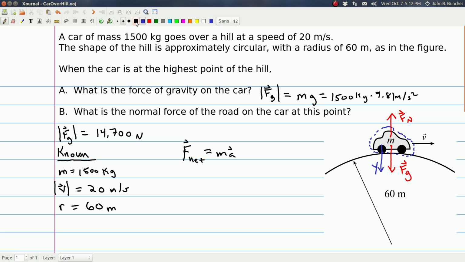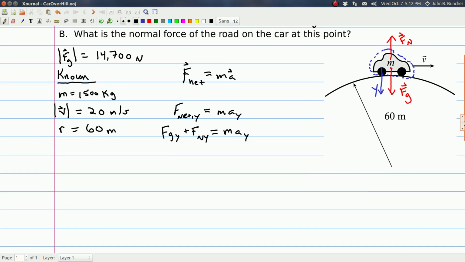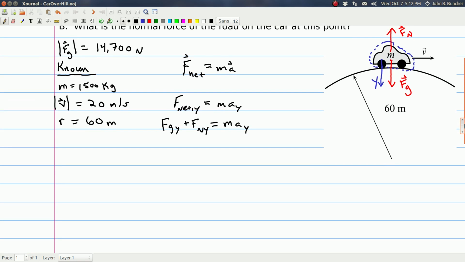Okay? So if I look at the net force in the y direction, that's equal to the mass of the object times the acceleration in the y direction. And I've got two forces. I've got the weight, so I want its y piece, plus the y piece of the normal force, equal to m a_y.